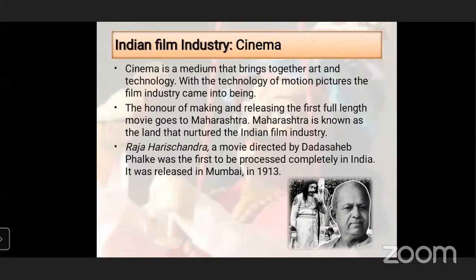So the first one was Mohini Bhasmasur. Then the second one, Savitri Satyavan. Also the documentaries on the rock-cut caves of Verul and the pilgrim centers of Nasik and Trambakeshwar. Yes, students, these places are in Maharashtra. Rock-cut caves, Verul, a very beautiful cave it is.